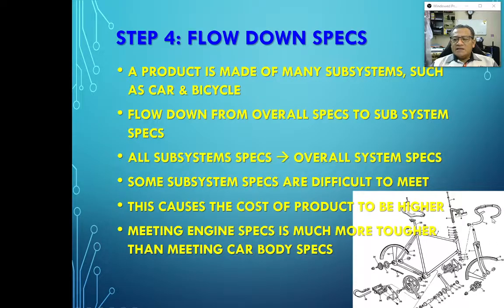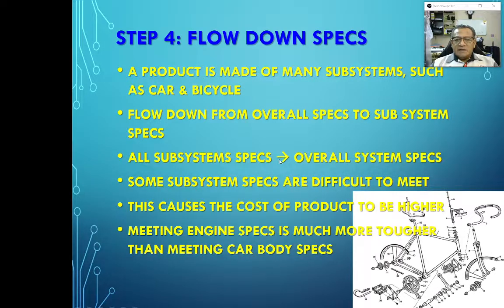For example, if this is your bike, you have the fork, you have the rim, you have the bushes, you have the screws. So this is basically your flow down spec in order to assemble a full mountain bike, right? So basically, flow down from overall spec to subsystem, like this blown out diagram.